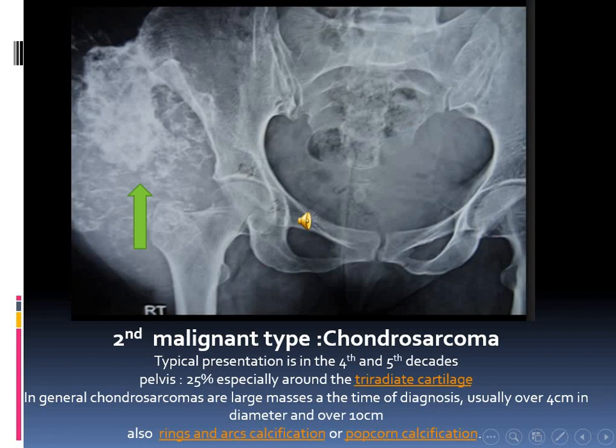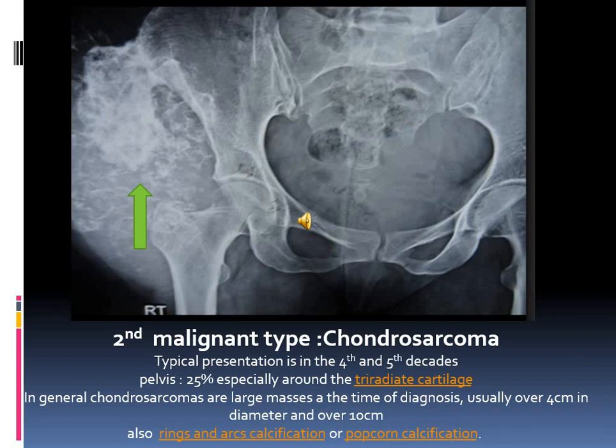Another type of bone tumor is that which arises from the cartilage, and the example is Chondrosarcoma. Usually in this slide we can see a large mass, usually in the soft tissue surrounding the bone. Because it originates mainly from the cartilage, it usually shows the type of calcification which is specific for cartilage.